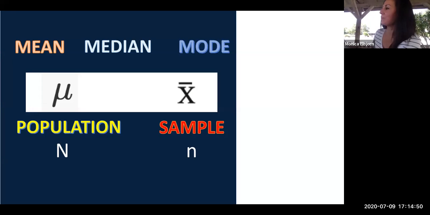Very good, Ava. Yep, so we do have a median, which is the middle number. And then the mean is the arithmetic average, and the mode will be the number that repeats the most. You guys are starting to remember?